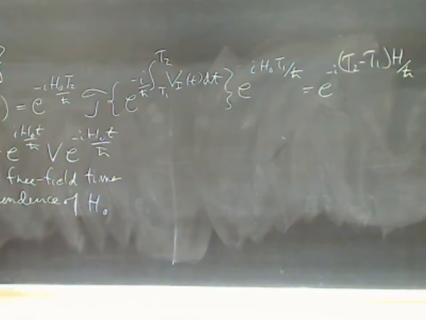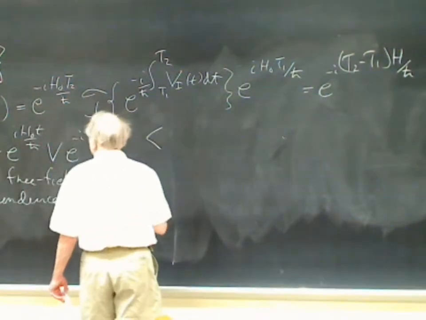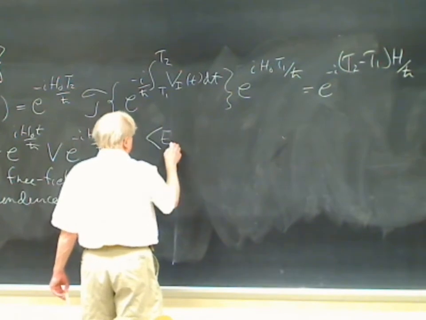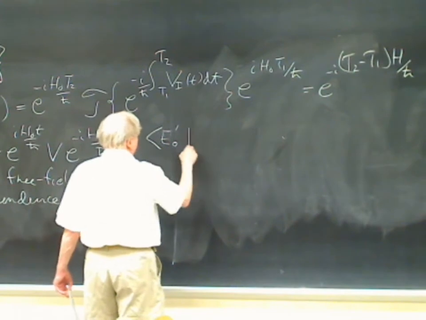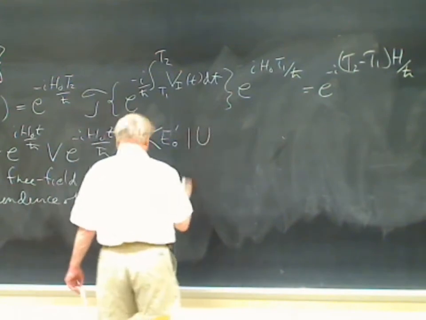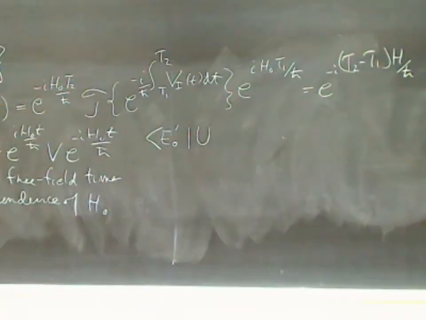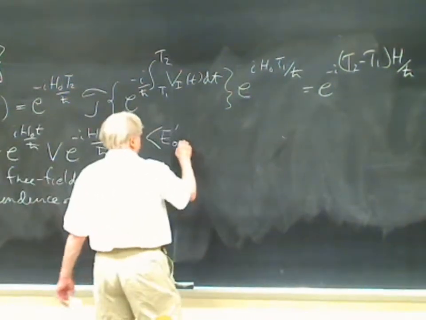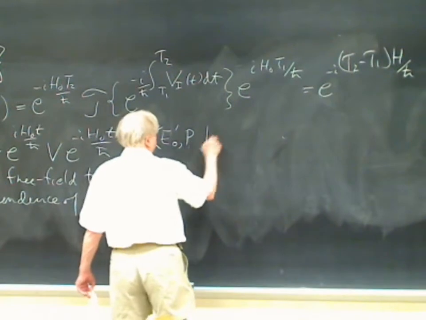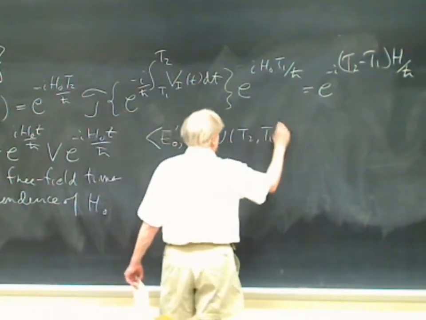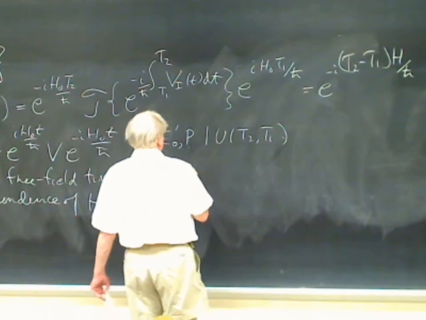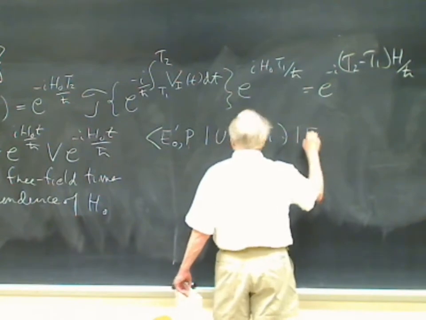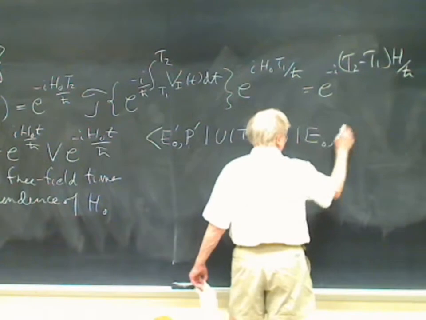In that case, what you're talking about is some E0 prime, and of course it's not just an eigenstate of energy, but all these other parameters, momentum and so forth, U of t2, t1, and there might be several different particles here, and then in here you'll have E0 and p.